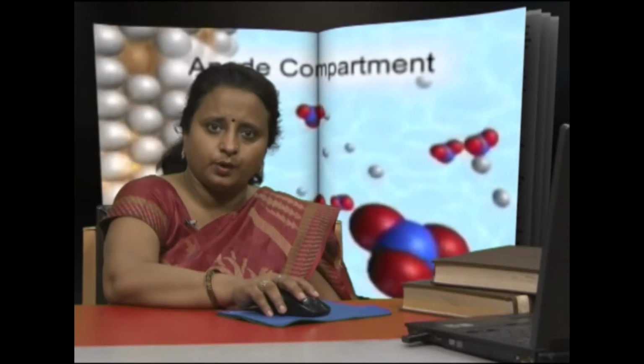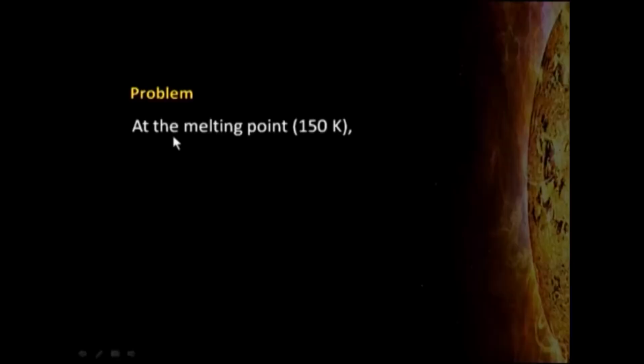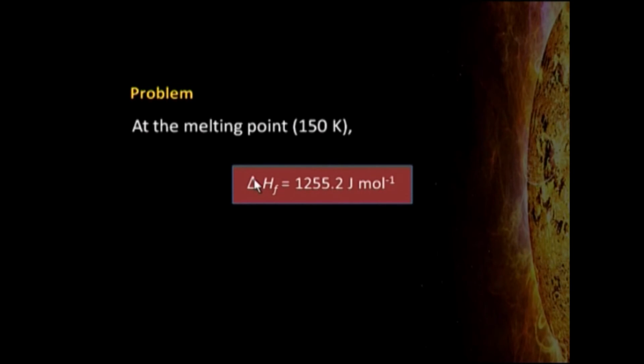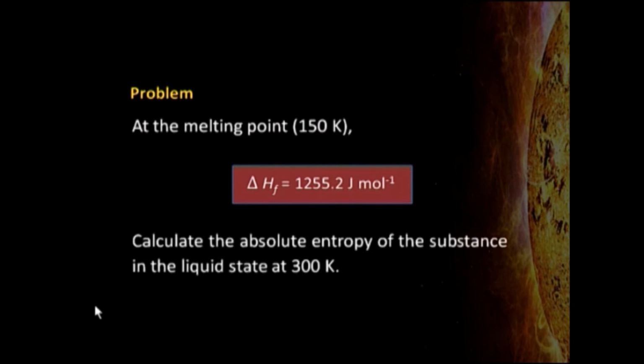At the melting point, that is at 150 Kelvin, delta H fusion is equal to 1255.2 joules per mole. Now, calculate the absolute entropy of the substance in the liquid state at 300 Kelvin.